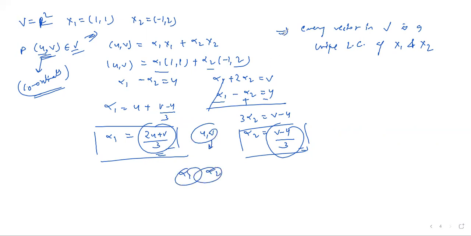So from this we say that every vector in V is a unique linear combination of x1 and x2. So x1 and x2 form a basis of the vector space V, because the vectors can be represented in a unique linear combination.